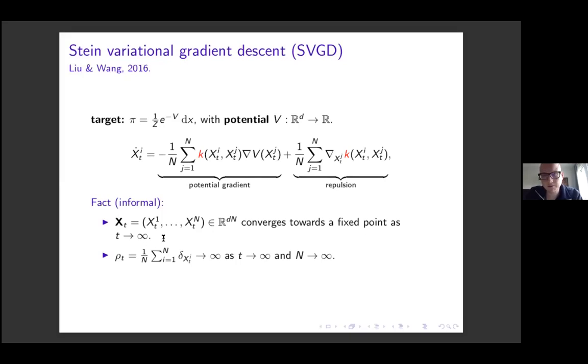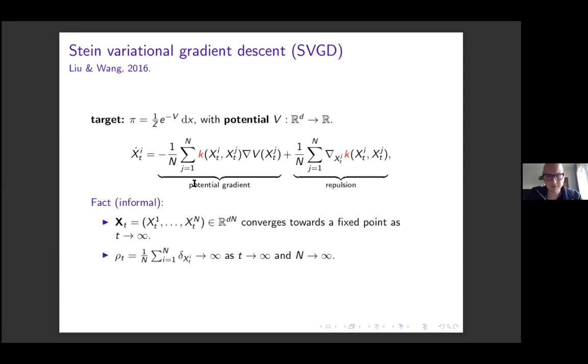And this fixed point is the one that I showed you in the beginning. Oh, this is a mistake here. This is not infinity. This is supposed to be pi. So this is supposed to say that the empirical measure associated to the particle system, as both the time and the number of particles go to infinity, will approach the target measure of interest.